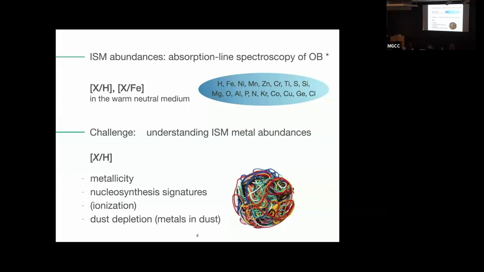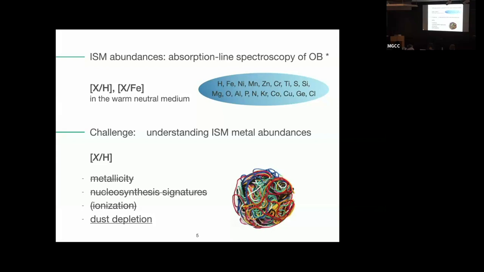So until recently, the way to get around this was to just assume there was no variability in the metallicity, no contribution from nucleosynthesis signatures, no alpha elements, nothing. And the observed abundances in the gas were used as a proxy to study the dust depletion.